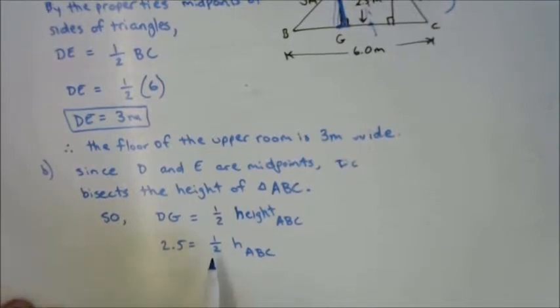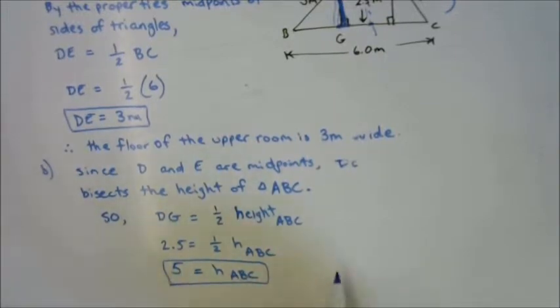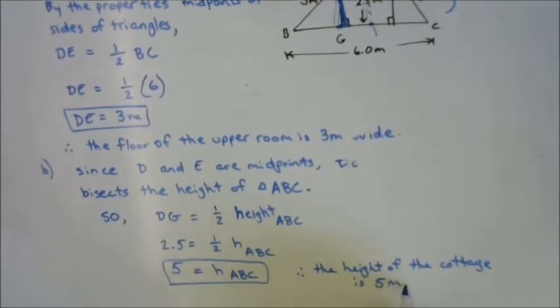Alright, so actually dividing by a half is the same as multiplying by 2. So I'm going to multiply both sides by 2. On this side, I'm left with just the height of ABC. And on this side, 2.5 times 2 is 5. Okay? Therefore, the height, finish it out, of the cottage is 5 meters.